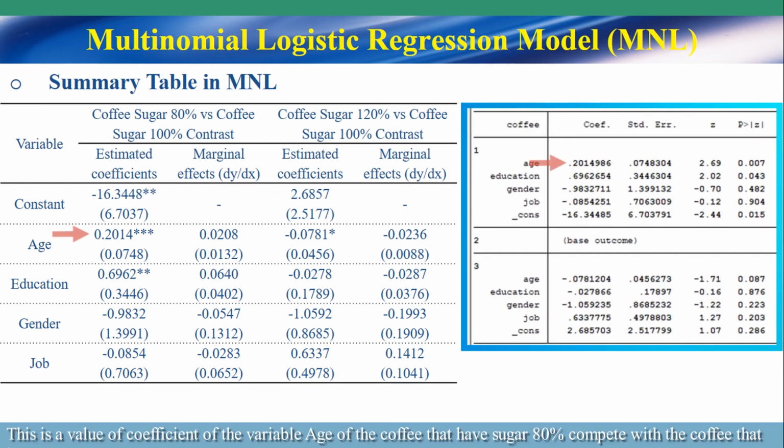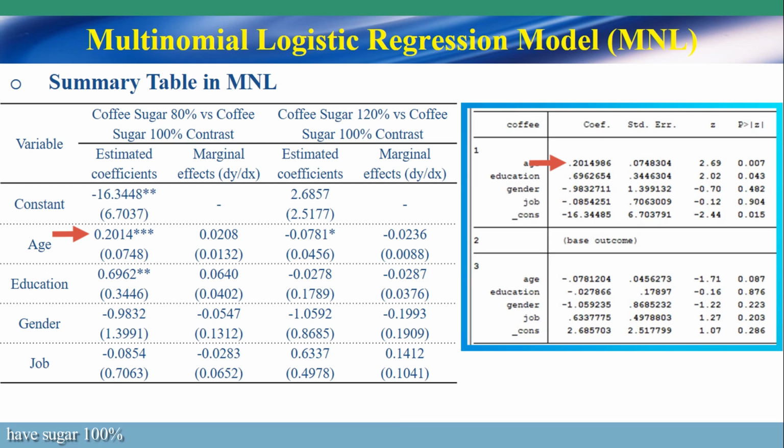This is a value of coefficient of the variable age of the coffee that has sugar 80% compared with the coffee that has sugar 100%. This is a standard error of variable age.